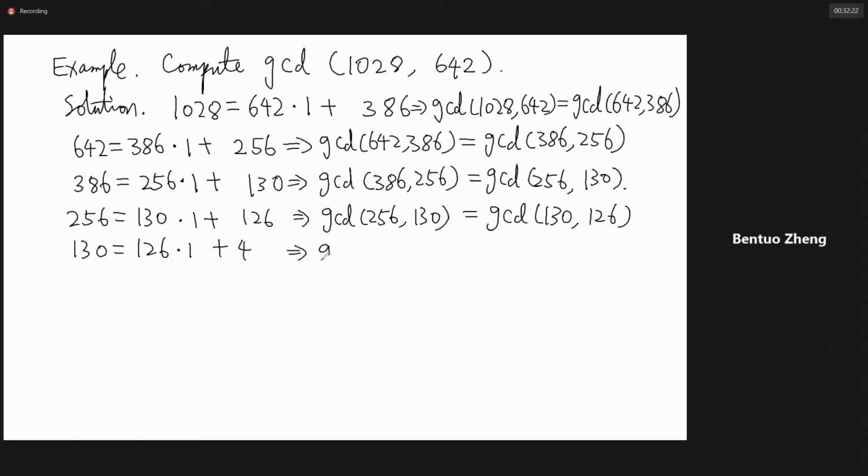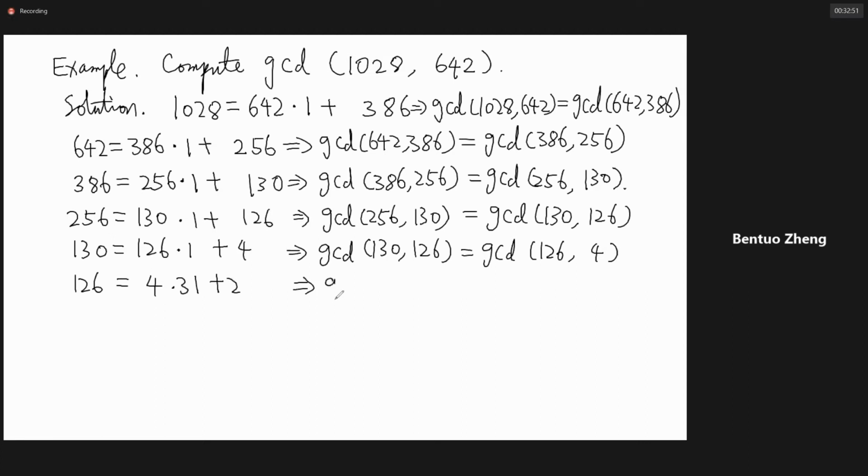So this implies the greatest common divisor of 130 and 126 is the greatest common divisor of 126 and 4. Okay, and now 126 is equal to 4 times 31 plus 2. So this implies the greatest common divisor of 126 and 4 is just the greatest common divisor of 4 and 2.